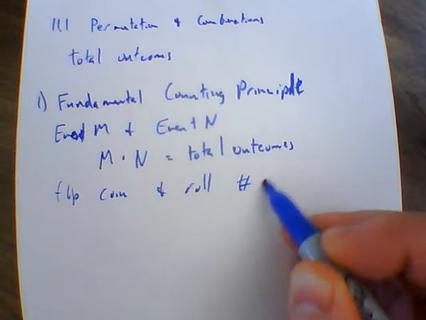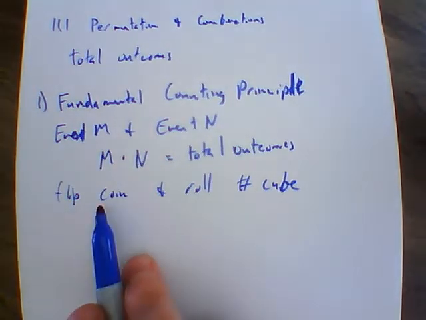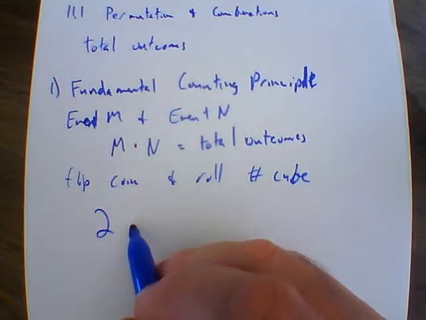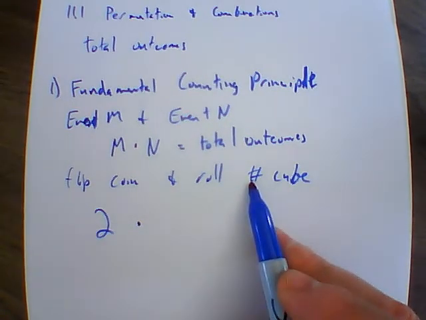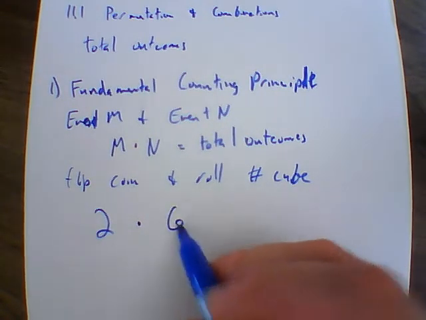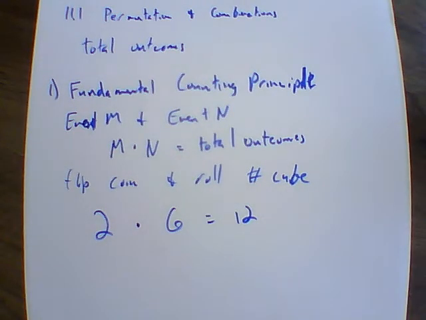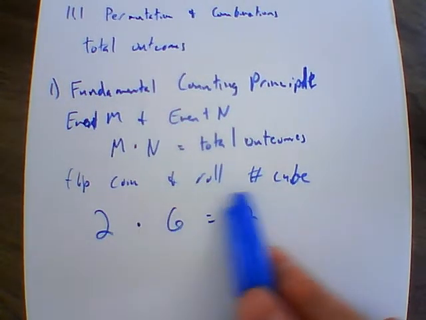On a coin there are two outcomes, and we multiply by a number cube which has 6 outcomes, to have 12 different outcomes. We're not talking about ordering within these outcomes. We're talking about how many total outcomes there are within these two events.